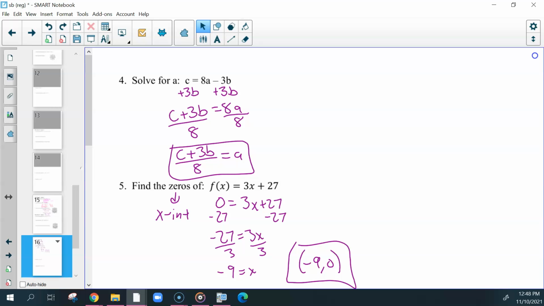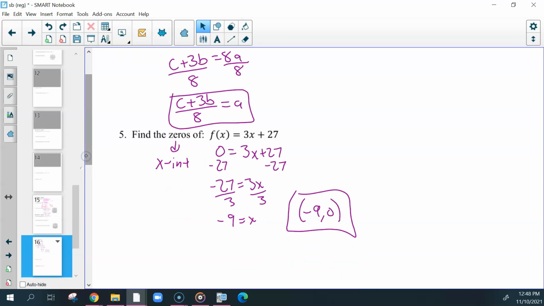For number 5, you needed to remember that 0 is another word for x-intercept. So if you're looking for your x-intercept, your y value has to be 0. F of x is the same thing as y. So here, if we are looking for our x-intercept, change our y to be 0 and solve for x.